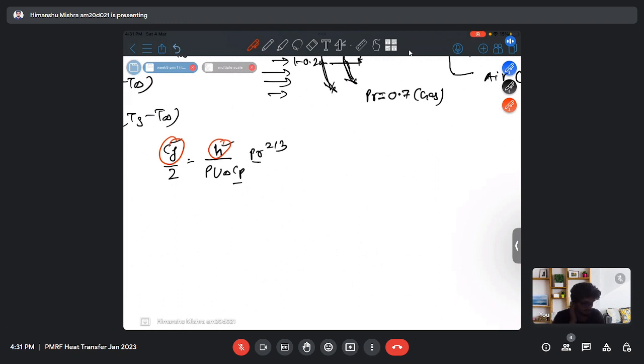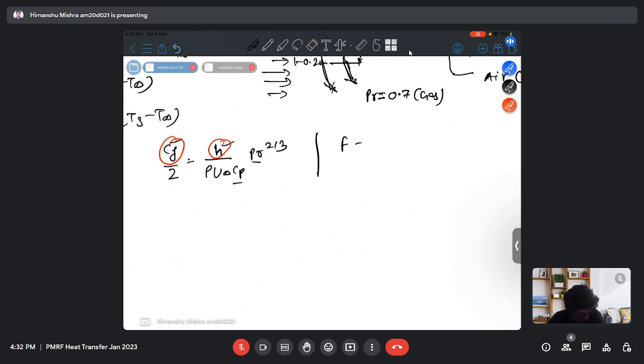From last week we used some fluid dynamics relations to define the skin drag coefficient. We can also define the skin drag coefficient in terms of shear stress. So let me write the drag force expression.